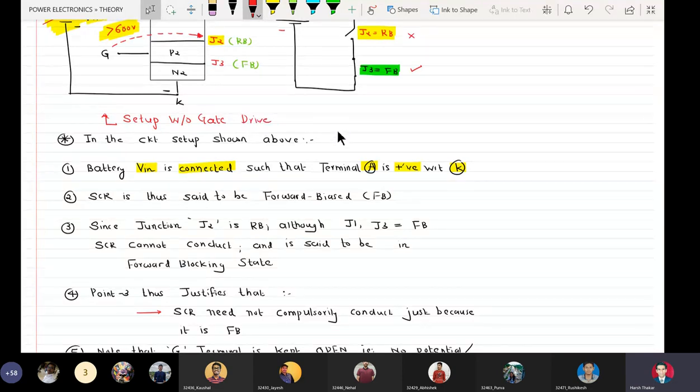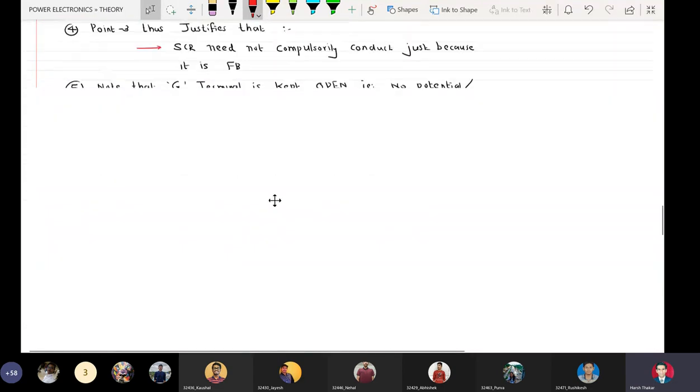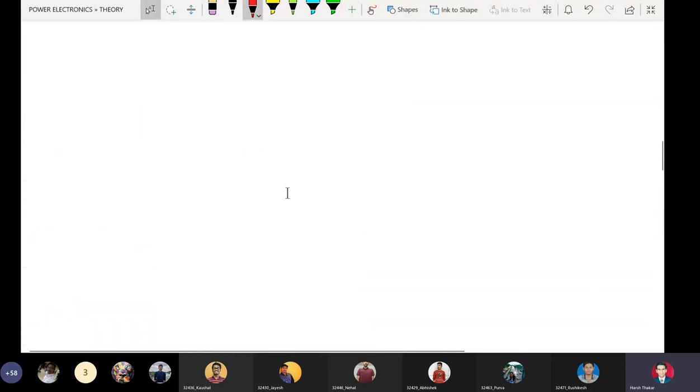Okay, in the setup without gate drive, we have defined two conditions.